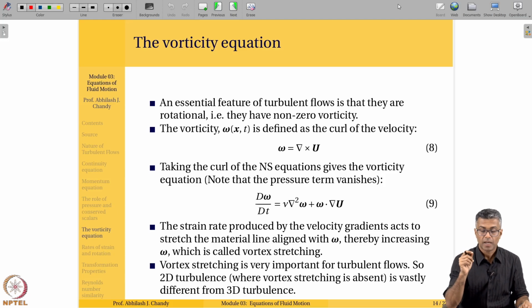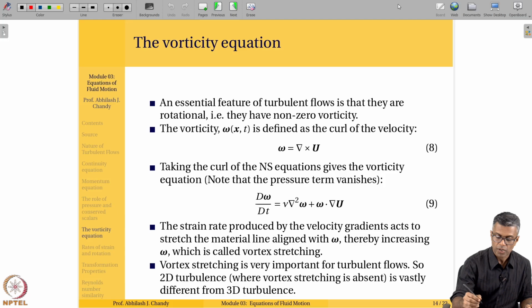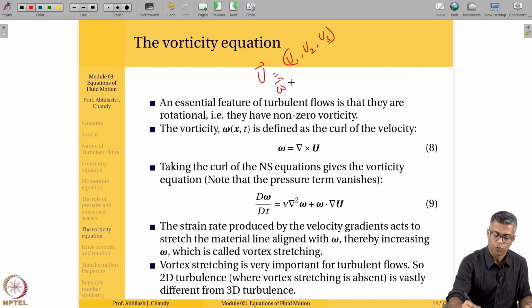It is the cross product of a gradient operator and the velocity vector. So naturally, the vorticity is also a vector. So here you have u, which is a velocity vector, which is u1, u2 and u3, isn't it? Similarly, you will have vorticity, which is again omega 1, omega 2 and omega 3.